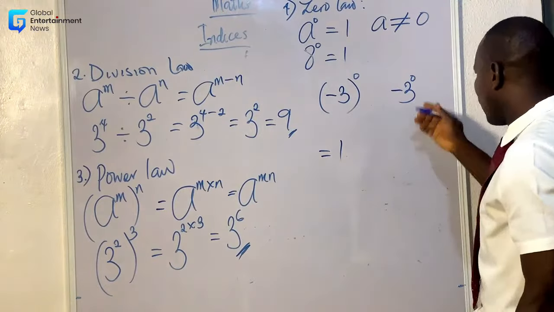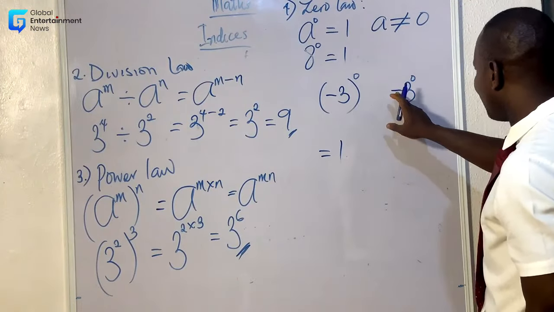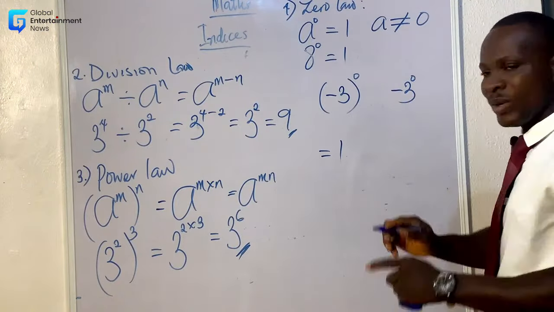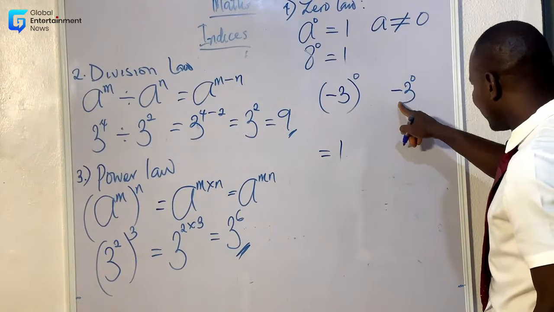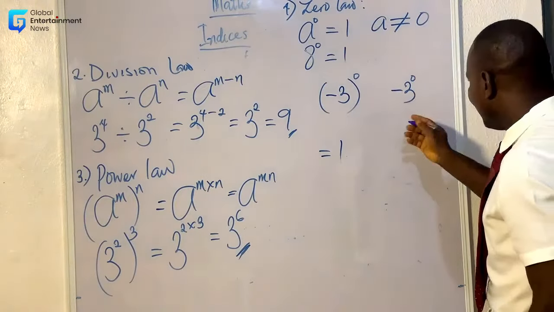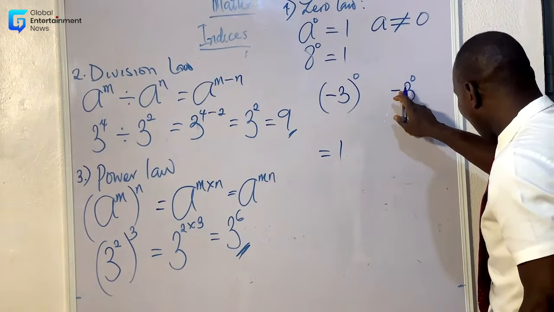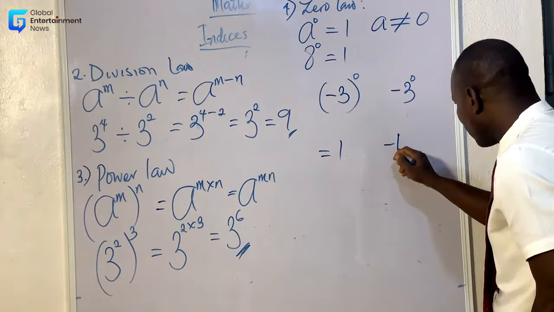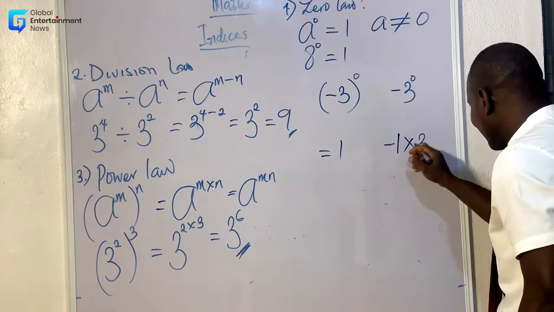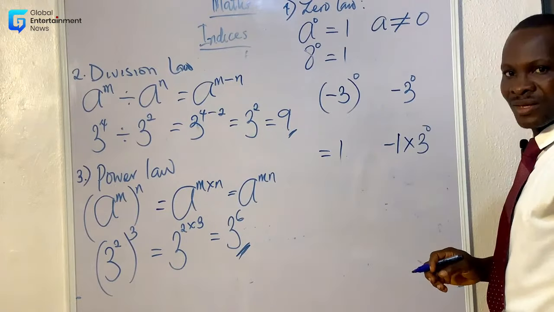Likewise, when we have minus 3 raised to power 0 without the bracket, there is a minus 1 at the front of the 3, which is minus 1 times 3 raised to power 0.